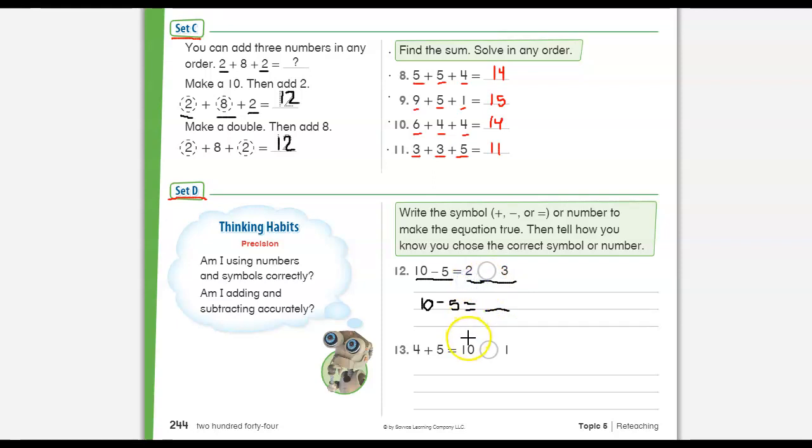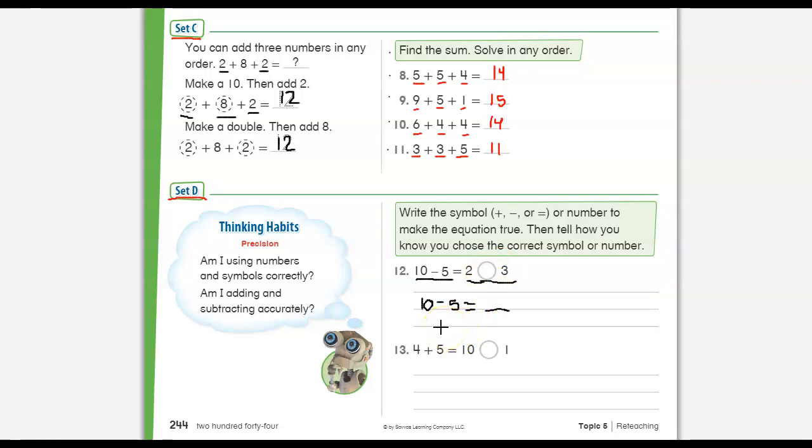So what symbol would you put in the blank? What symbol or number? Let's see. Well, since we're looking to solve an equation, we are not going to be putting another number, I will tell you that. So would you put a plus sign, a minus sign, or an equal sign in the blank?